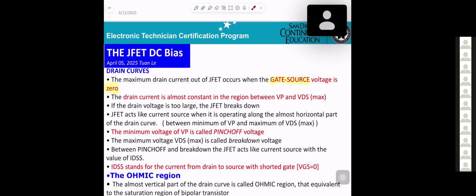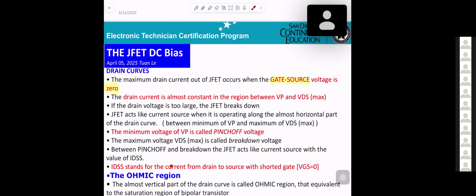That means at VP pinch-off voltage, the current ID will be equal IDSS. The maximum voltage VDS max, they call breakdown. Between pinch-off and the breakdown, the FET acts like a current source with the value IDSS.